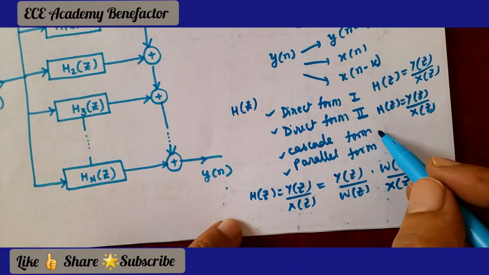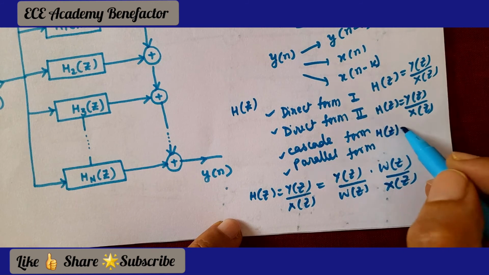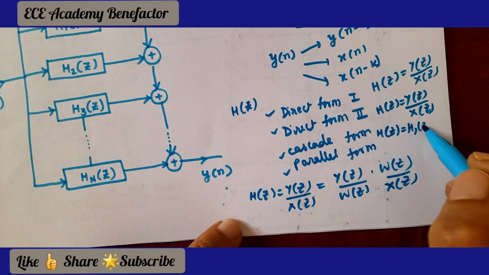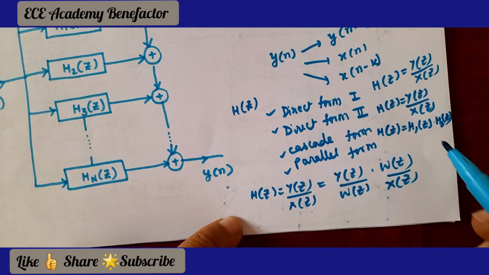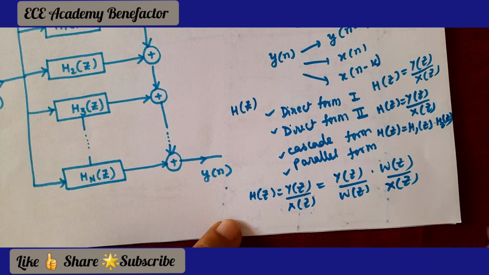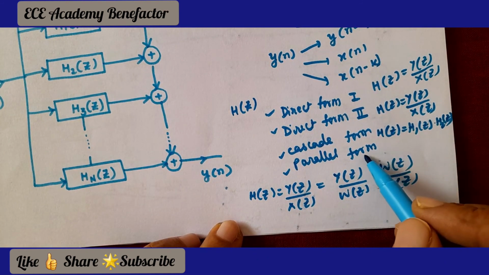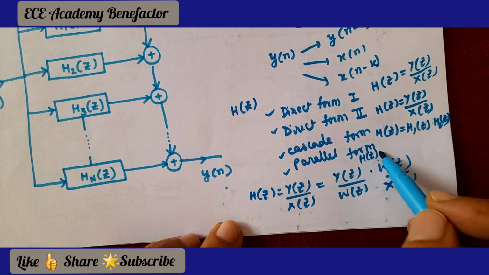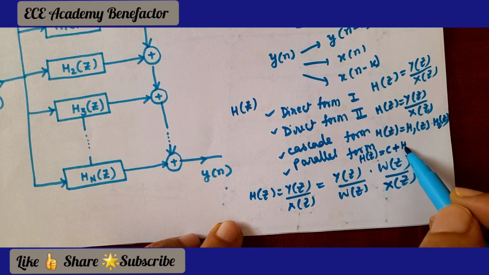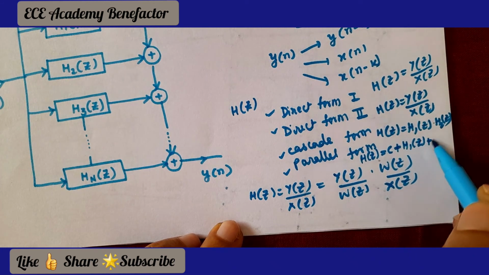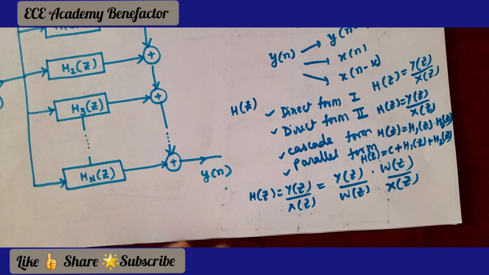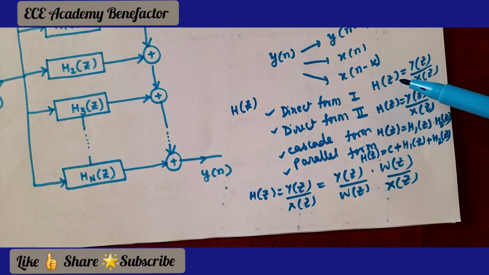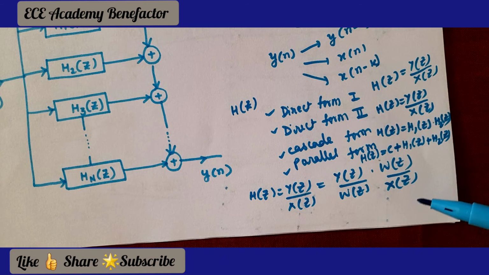And in cascade form, H of z is equal to H1 of z dot H2 of z. The transfer functions are multiplied. Coming to parallel form, H of z is coming to be C plus H1 of z plus H2 of z. So, while drawing each form, we have to represent H of z in this manner.